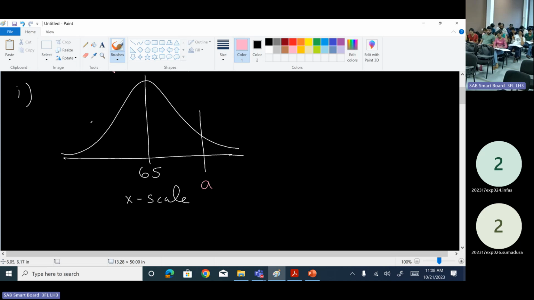So if A is the minimum mark for a distinction, anyone who gets above A will be offered a distinction. It says 5% are getting distinctions, so 0.05. X scale structure drawn, point located. Whatever the area highlighted, you write down in mathematical form: probability X more than A is 0.05.